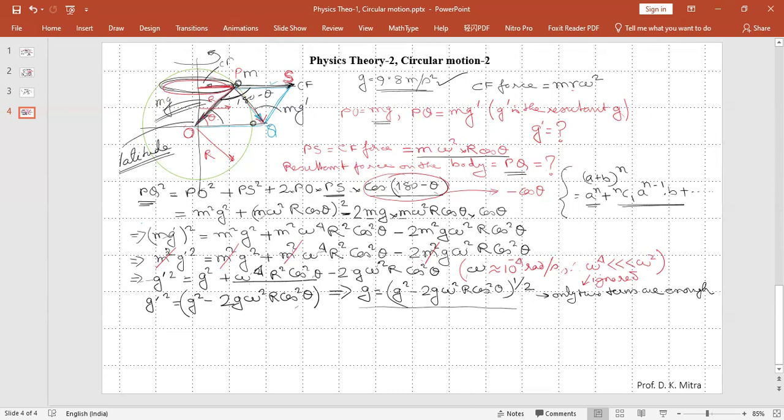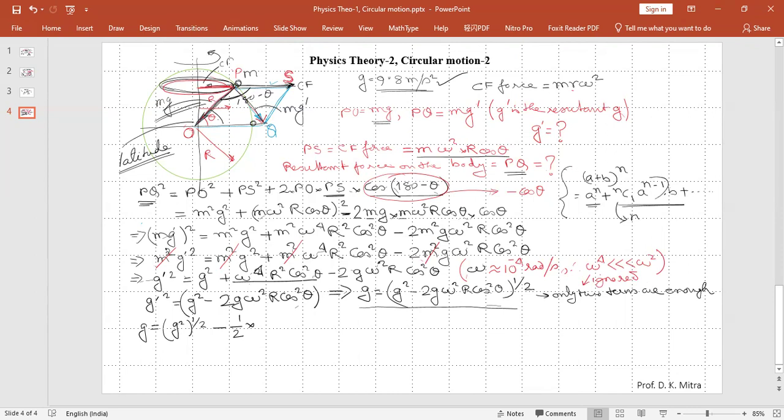So from here we find g dash equal to, first term a to the power n, which is g square to the power half, minus nC1. The value of nC1 is always n, and n is here half, so it is half, multiplied by a to the power n minus 1.